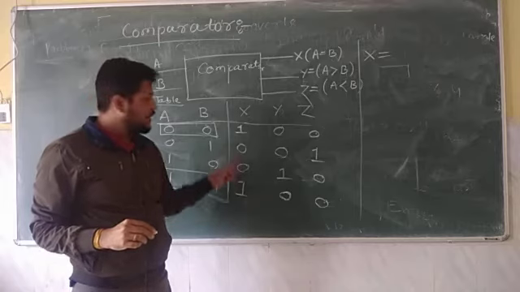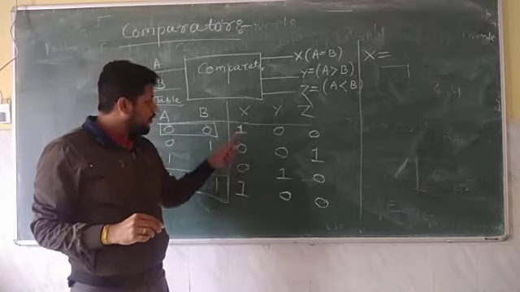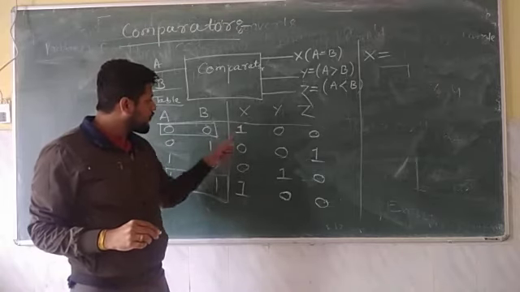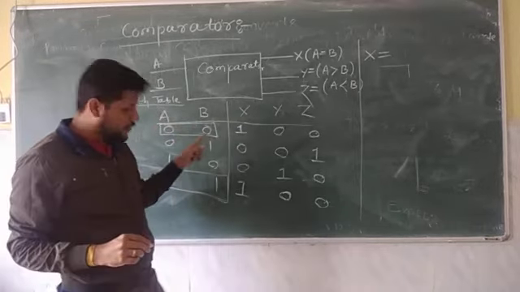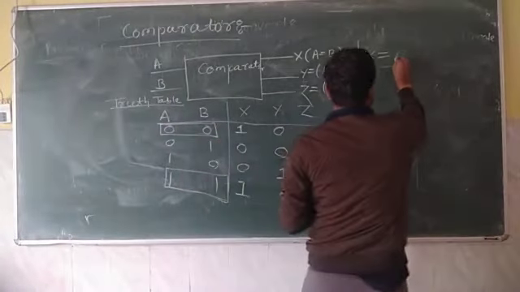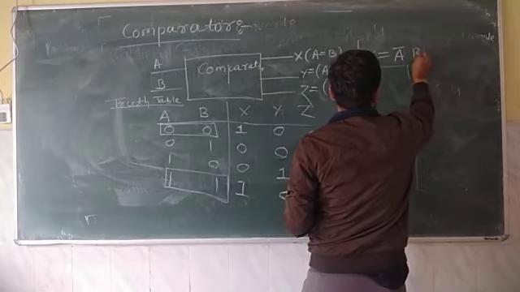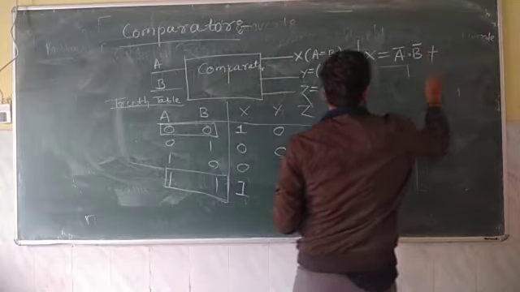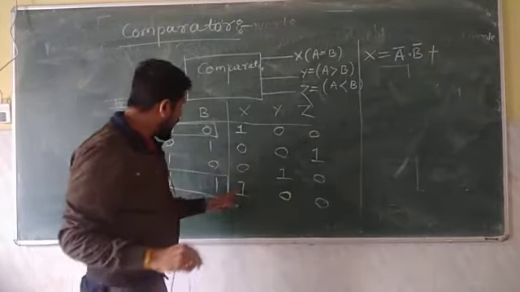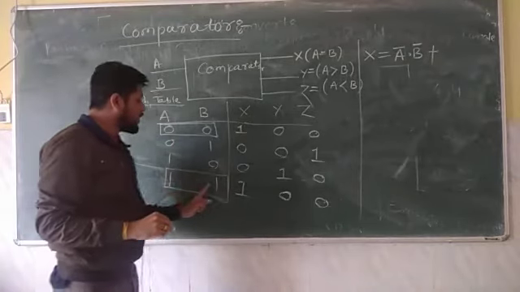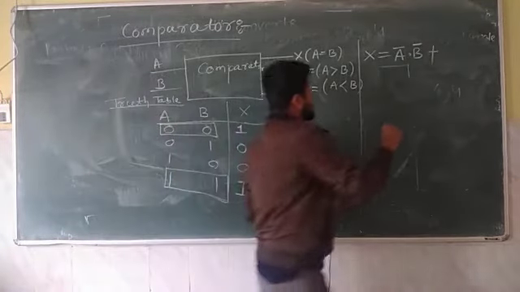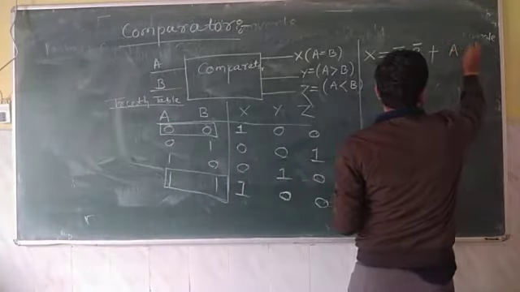So X is 1 for A equal to 0 and B equal to 0. That means X is equal to A bar B bar, or X is 1 where A is equal to 1 and B is equal to 1. That means X is equal to A B.